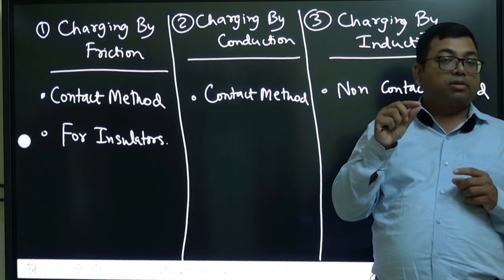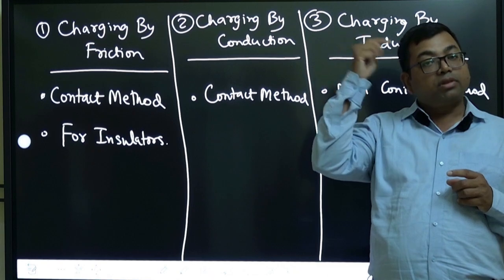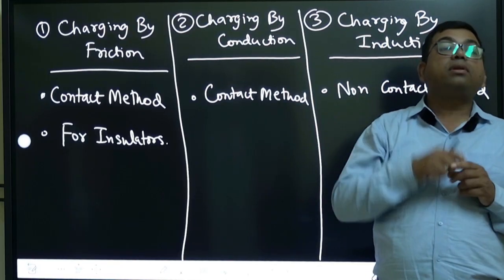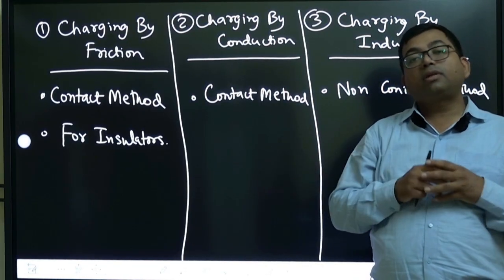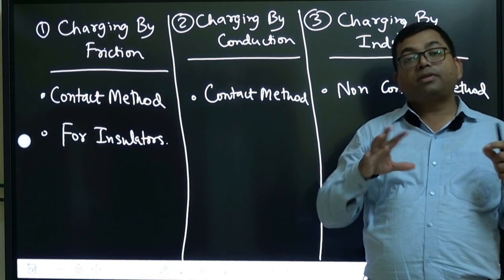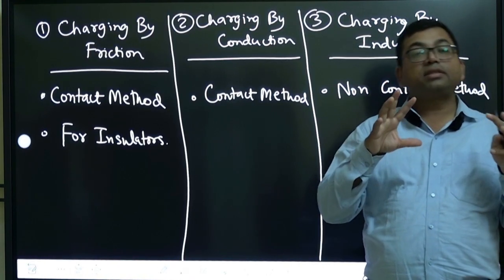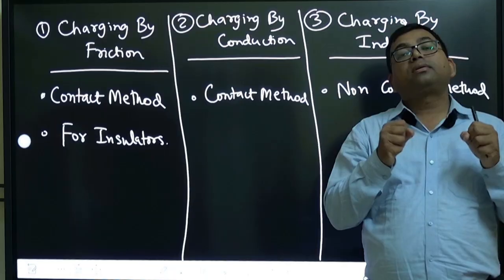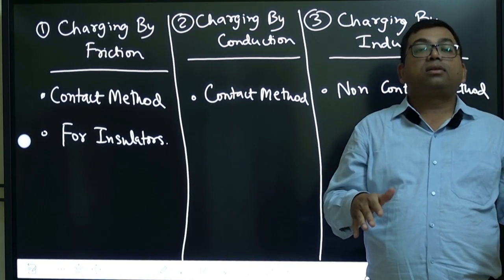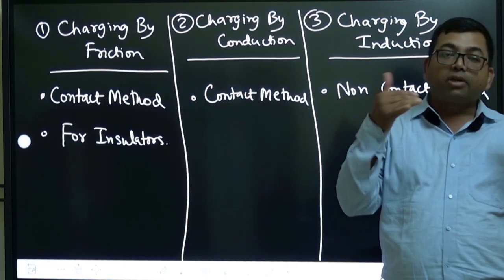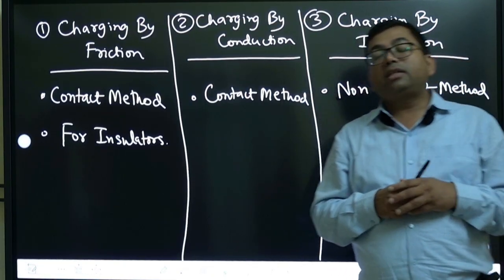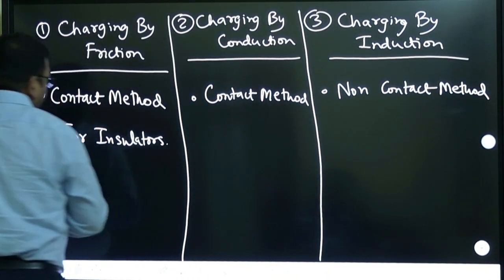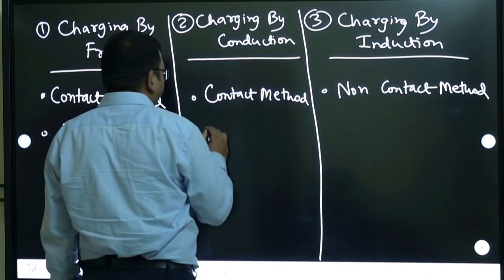Wherever the contact surface is, only there will it develop charge. Otherwise, if it were a conductor and developed charges everywhere, because you are touching it, the charges would pass through the hand or body to the ground. So that is why we use insulators for charging by friction.